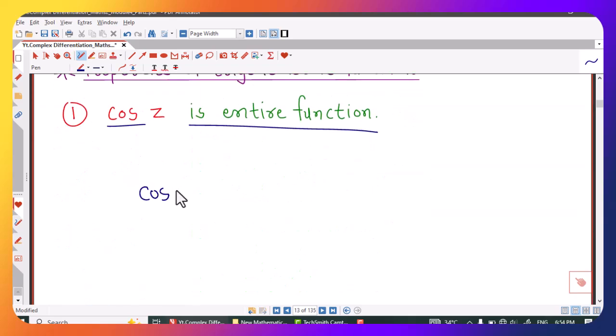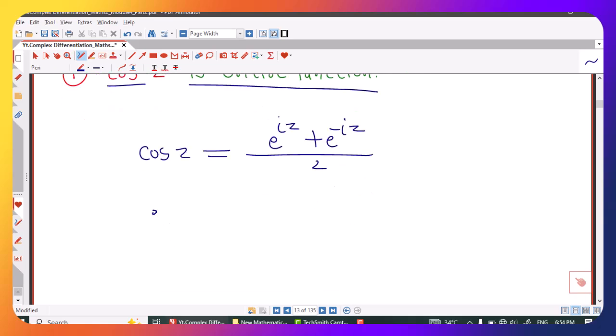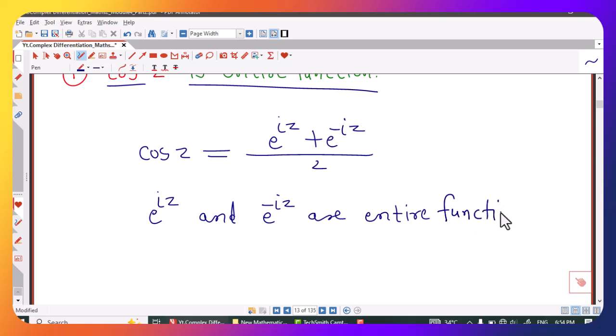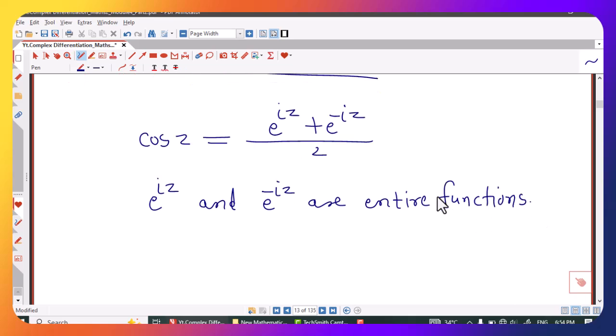We know that cos z is e raised to iz plus e raised to minus iz divided by 2, and we know that e raised to z is entire, therefore e raised to iz and e raised to minus iz are entire functions, and the addition of two analytic functions is also analytic.